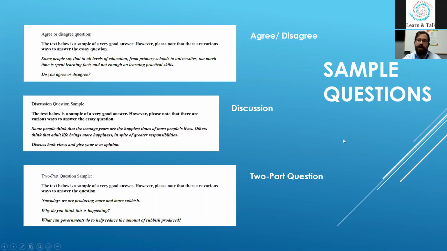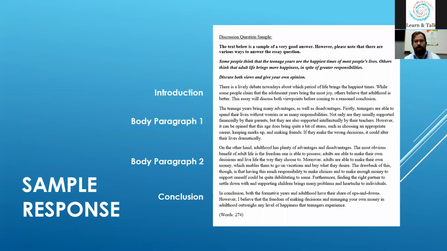Let's move on to look at a sample response. So here we have our sample questions, and now we're going to look at our sample response. This is the second sample we looked at. Some people think that the teenage years are the happiest times of most people's lives, and others think that adult life is better. Discuss both views and give your opinion. So here we have a very good response, and this is what your writing task 2 should look like.